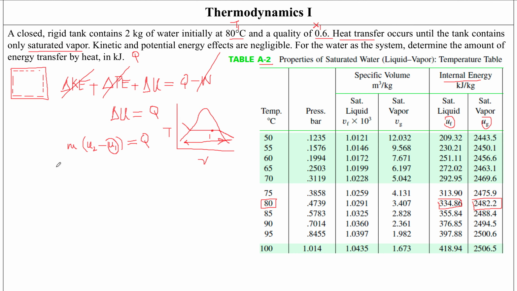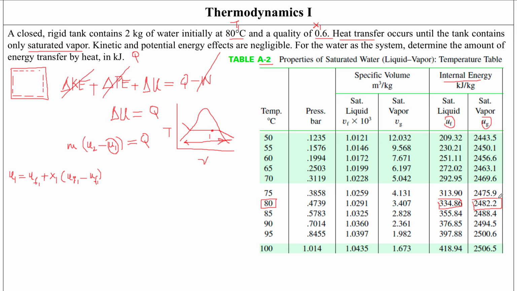And how do you find out the specific internal energy in state 1? You're going to find it out in terms of this equation, which is also given to you in chapter 3 of Shapiro's book. U1 equals UF at 1 plus X1 into UG at 1 minus UF at 1.